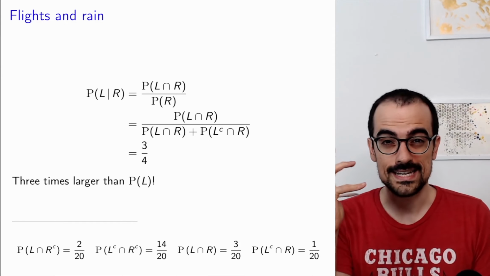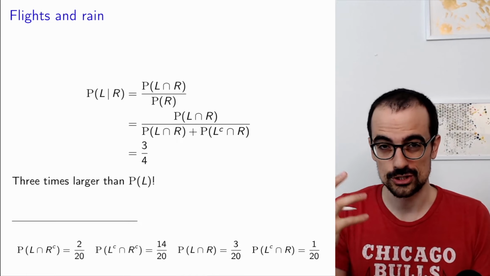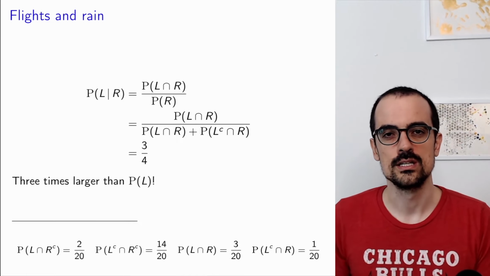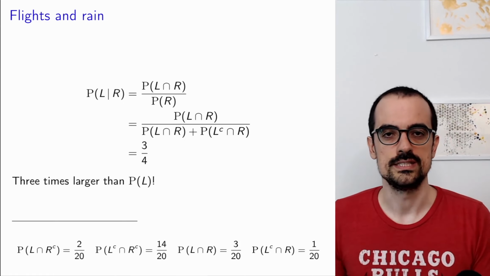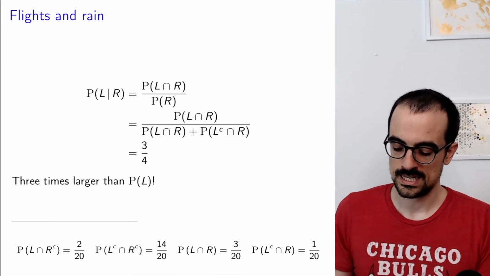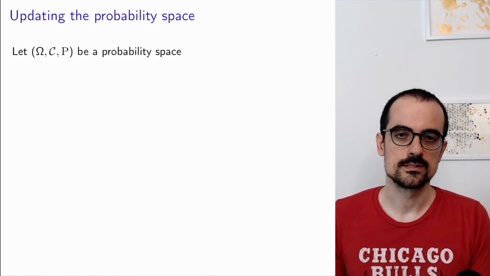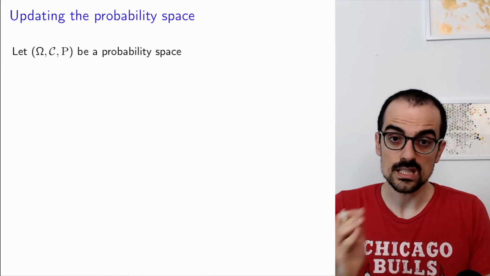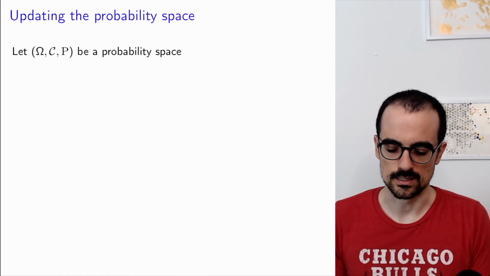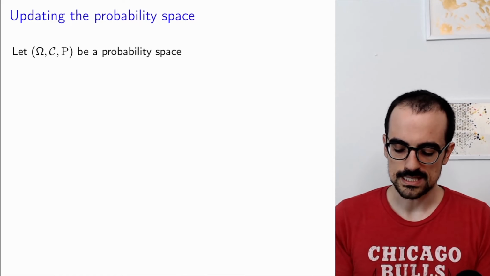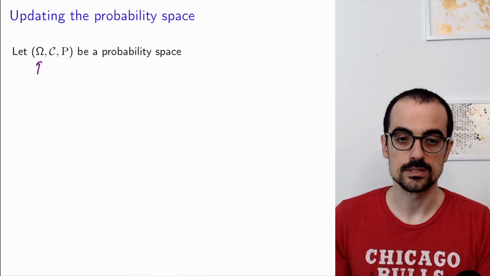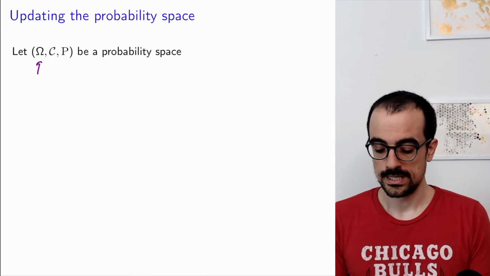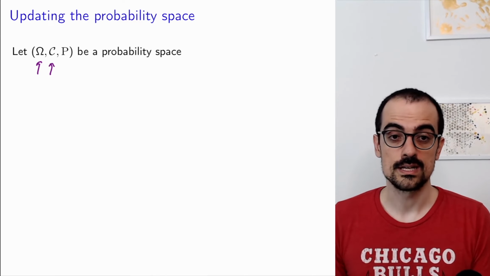Okay, so now that we have an intuitive understanding of what a conditional probability should equal, and we think it should equal the probability of the intersection divided by the probability of the event that you're conditioning on, let's take a look at probability spaces. Let's remind ourselves of the structure of a probability space. There's a separate video about this, but let's remind ourselves quickly. A probability space has a set called a sample space, which contains all the possible outcomes in the probability space. Then there's a collection of events.